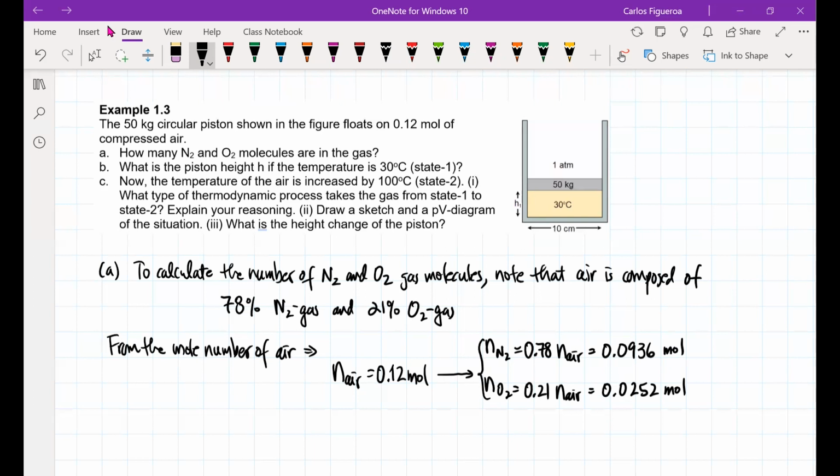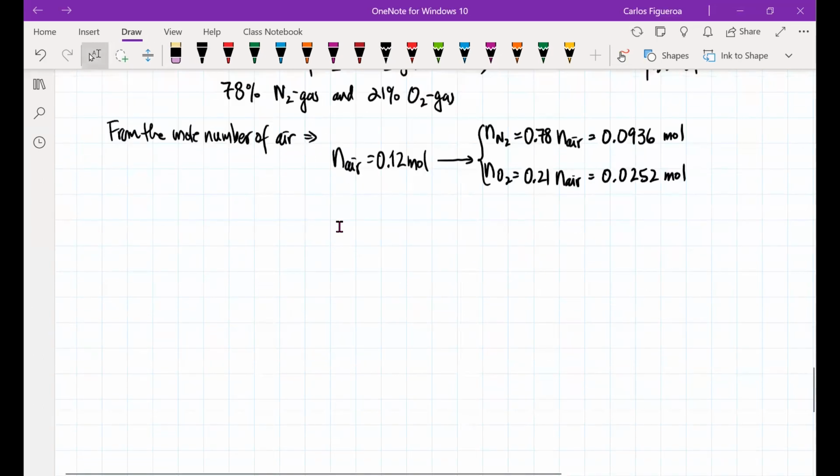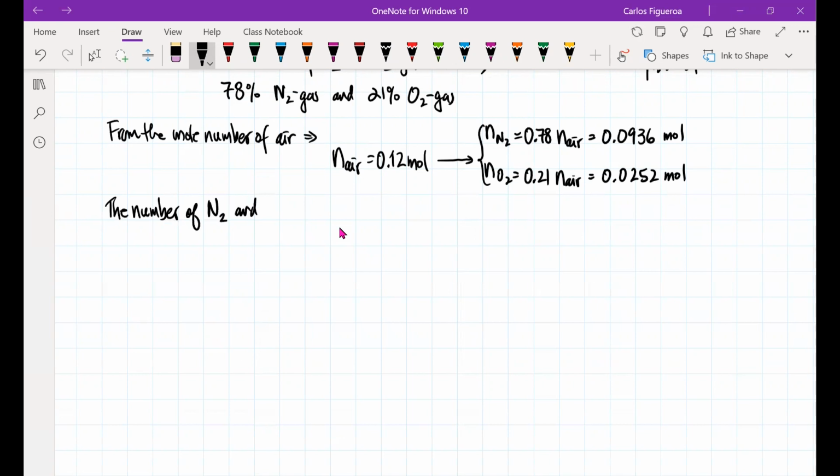So from that, we could immediately calculate the number of oxygen and nitrogen molecules. The number of N2 and O2 gas particles goes as follows. The mole number of nitrogen gas is equal to the number of gas molecules divided by Avogadro's number.